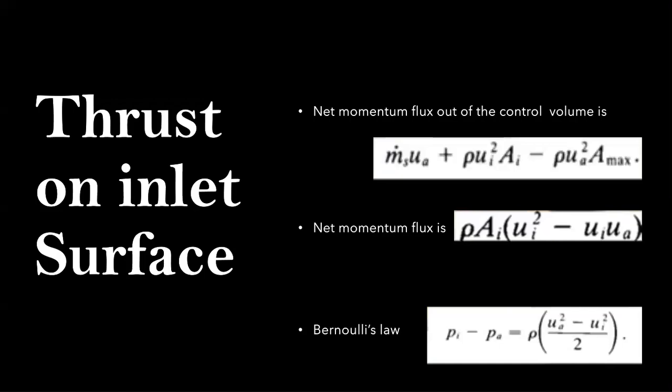Pi is the inlet pressure and Pa is the free stream pressure, outside the consideration of the inlet, and rho is density, as we all know. These are the basic things, and m dot is the mass flow rate of air.